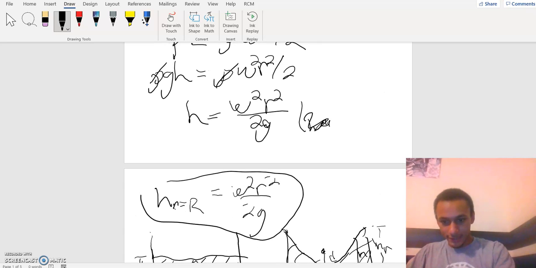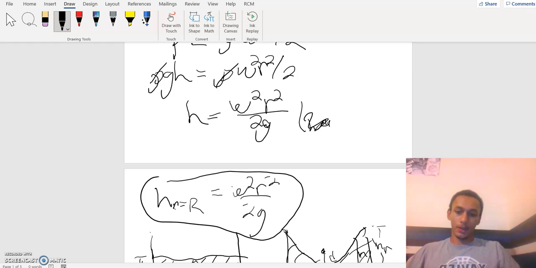Is that what we got here? H of r at r equals big R is equal to angular velocity squared R squared over 2g.